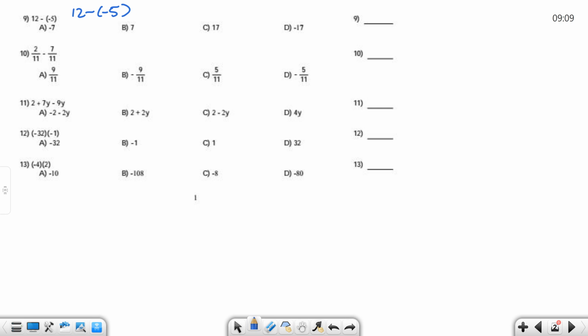That's what a minus means. So that's really going to be 12 plus 5, because this means plus. This minus a negative means you add it. So 12 plus 5. What is 12 plus 5? 17. There's your answer, C.